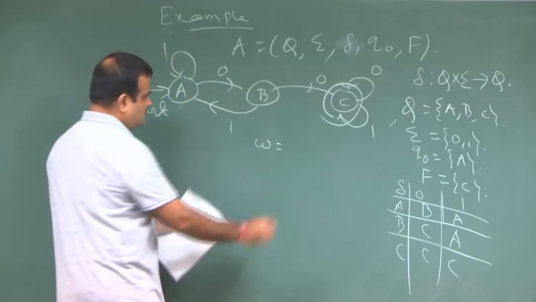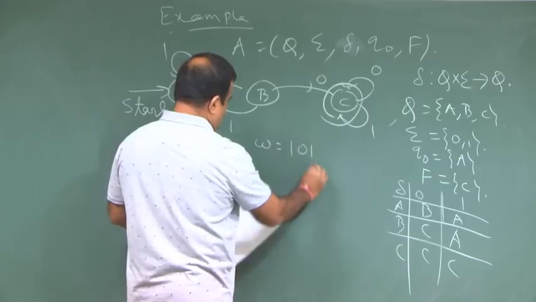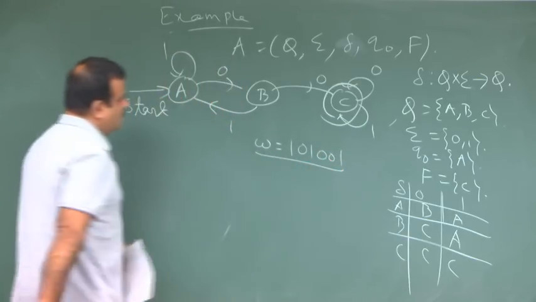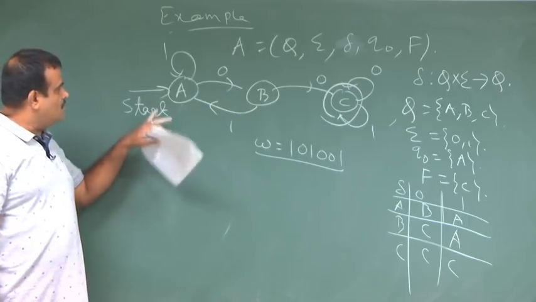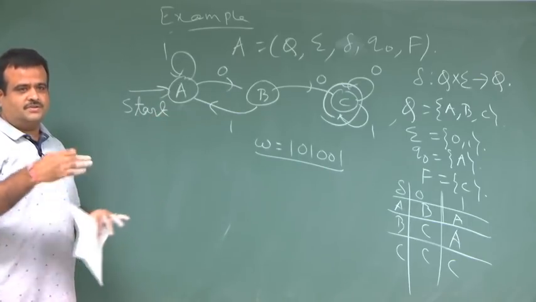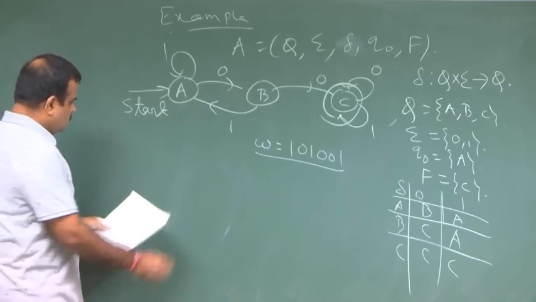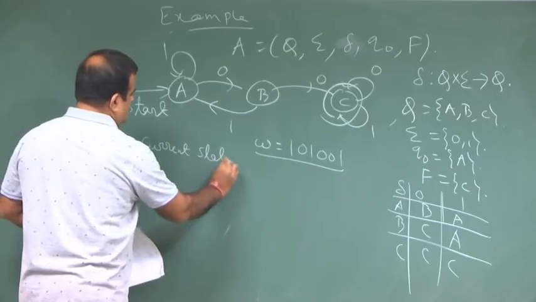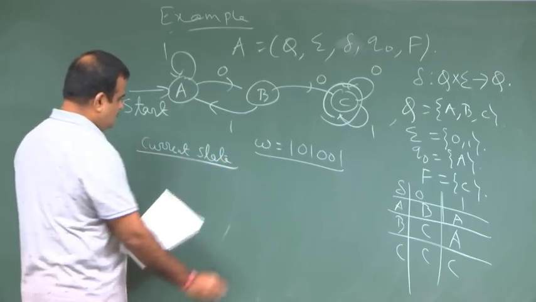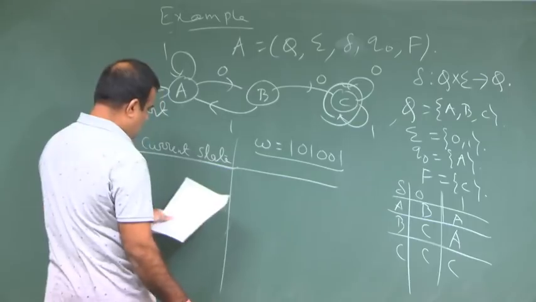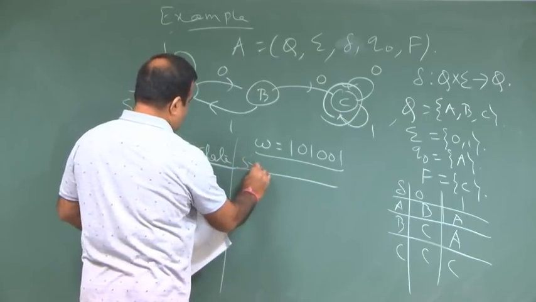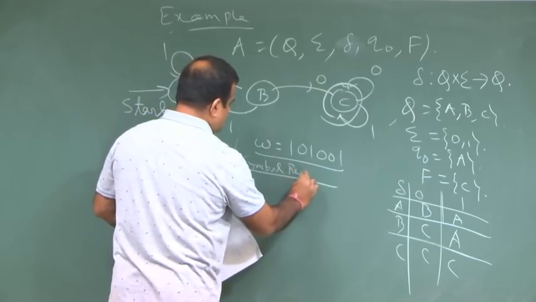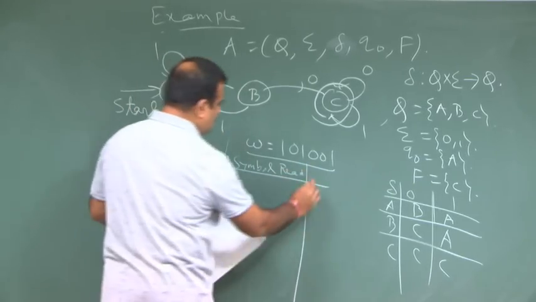Now we will see how we can read a string by this DFA. Suppose we have the string 1 0 1 0 0 1. We take it as input and execute it on this DFA. We have columns for the current state, the symbol we are reading, and the new state.